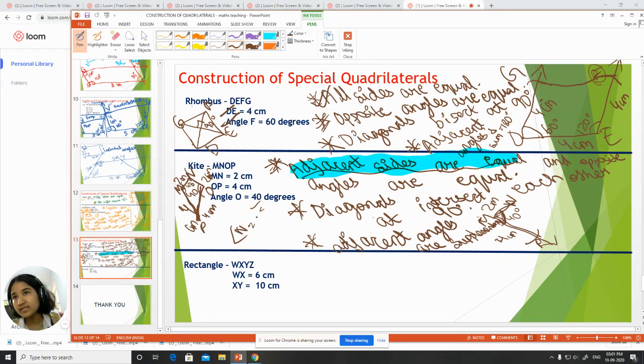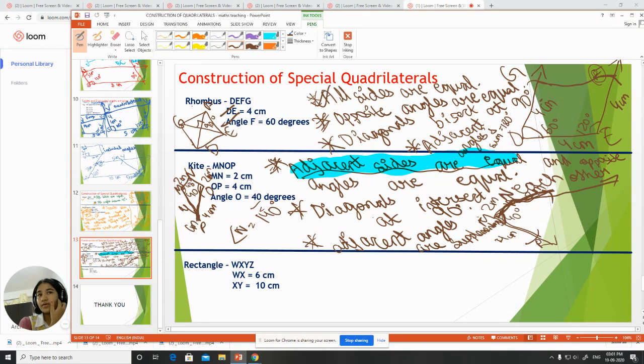Angle N is 140 degrees. We have to draw a line at 140 degrees. Then N to O is 2 centimeters, so we cut an arc at only 2 centimeters. Done.